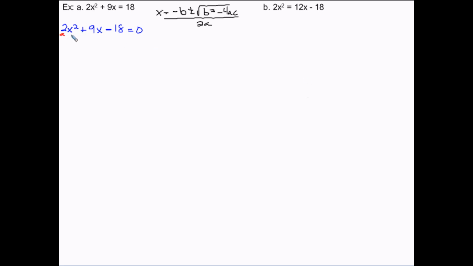I'm identifying A, B, and C. And I'm going to plug them into my quadratic formula. I have a negative b plus or minus the square root of b squared minus 4 times a times c. Don't forget to bring your negative with you. All over 2 times a.